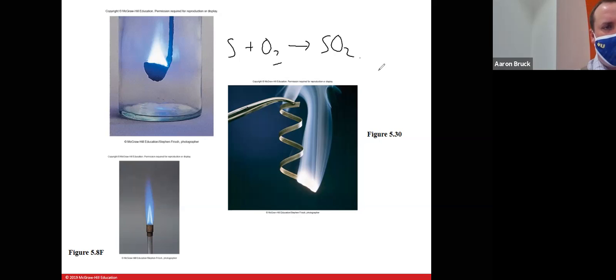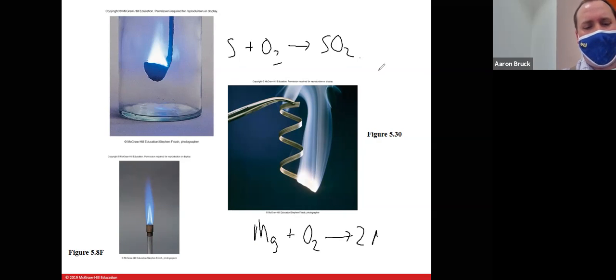In the second reaction here, we've got magnesium metal. This is a reaction that I believe you did in lab last week. Magnesium metal reacting with oxygen to make magnesium oxide.